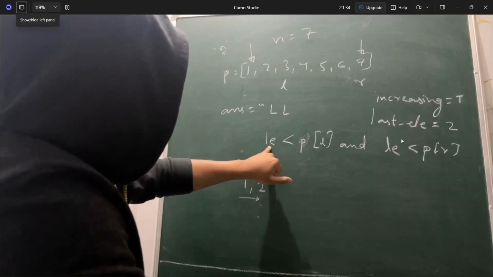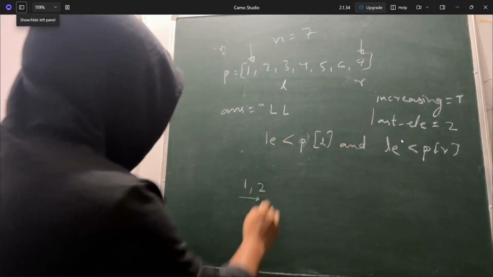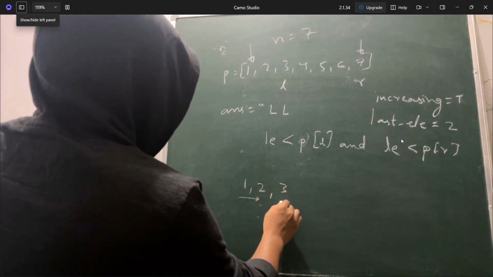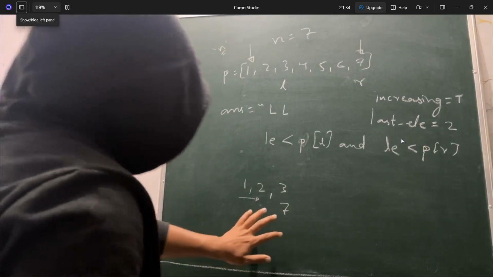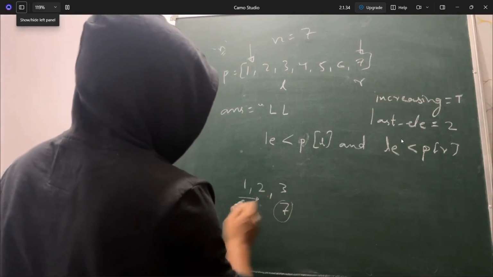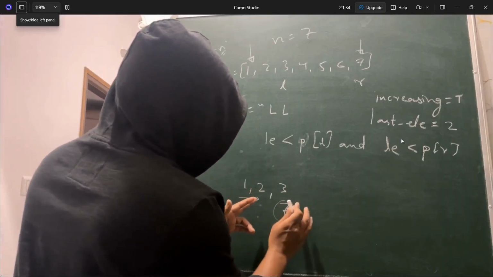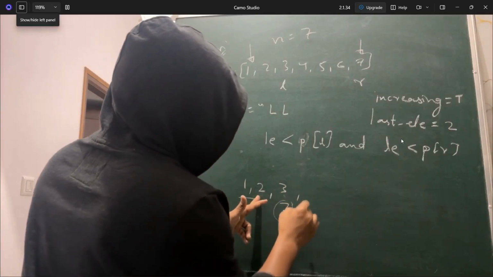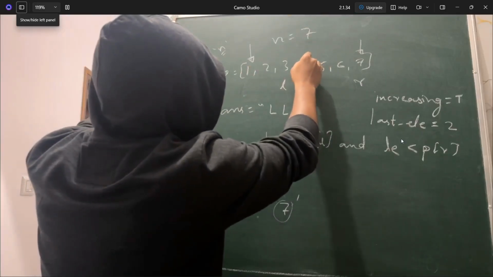So in that case, even if you choose 3 or if you choose 7, the element will be in increasing order. So among these two, choose the highest one. Why am I saying choose the highest one? Because let's say we have chosen the smaller one, and in the next iteration, let's say in the problem it was 8.